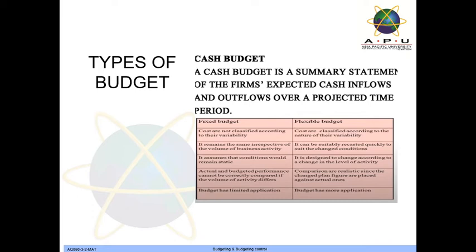We have different types of budget, right? We have fixed budget, flexible budget, master budget, and zero-based budget. So the company has to decide what type of budget it wants to implement.